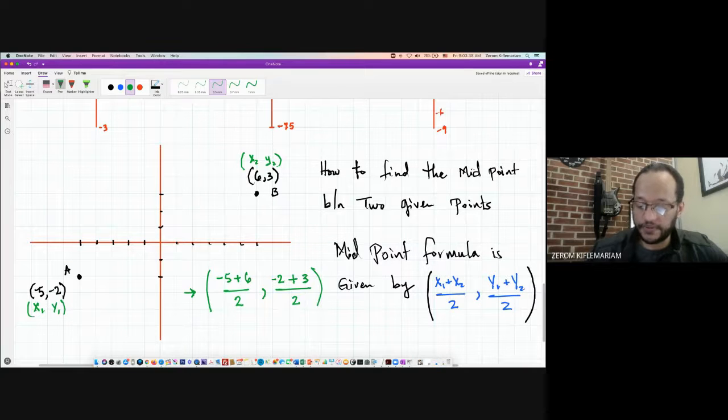So if I simplify, what do I get? -5 plus 6 will give me just 1 over 2, comma, and then over here, the same thing, we have 1 over 2. So the midpoint for these 2 points is when x is 1, y is 1, but it's not 1, it is a half. A half of right here and a half of over here, the coordinate will be right there.